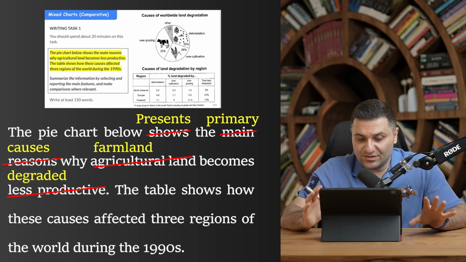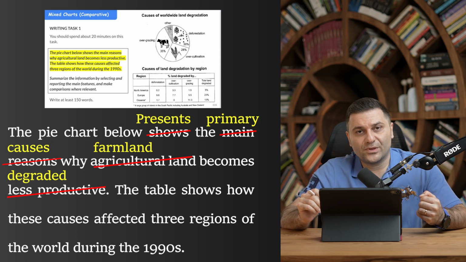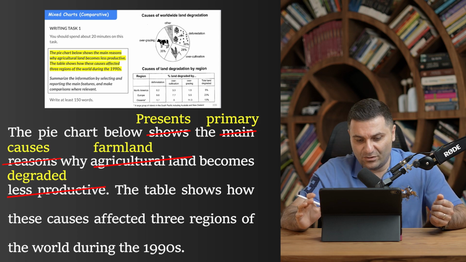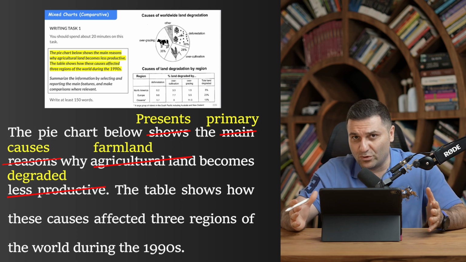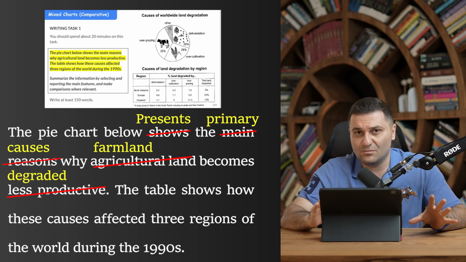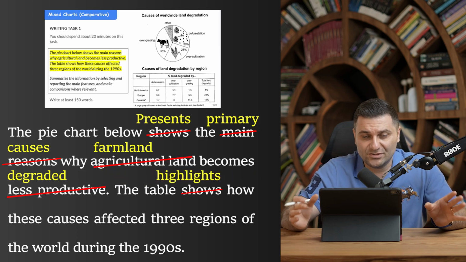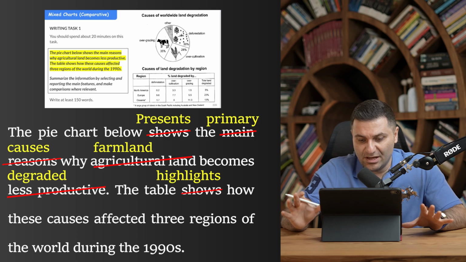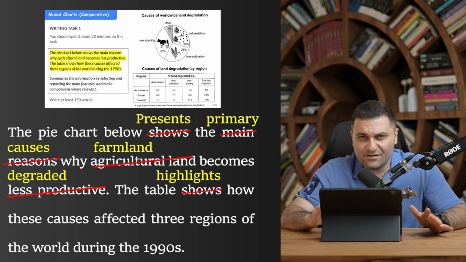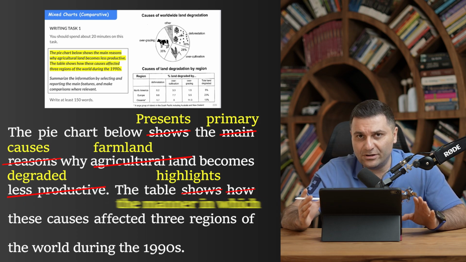Now, the table shows, so that would be better if we use another word. So we used presents for our previous word instead of shows. And here we can write highlights, right? So instead of shows, you can write highlights. How? Instead of how, you can write the manner in which.